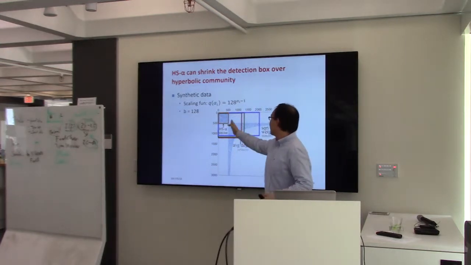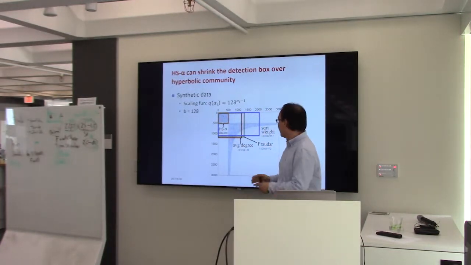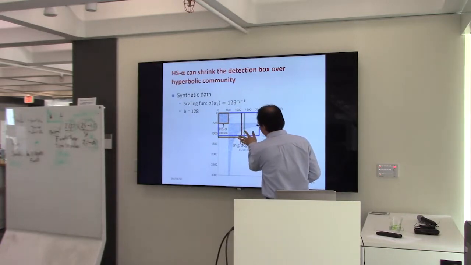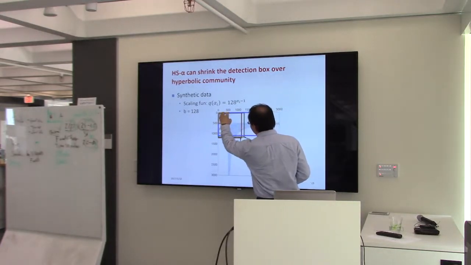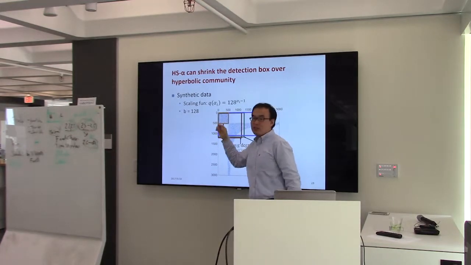Only for those objects do we give the punishment, and the other objects seldom receive punishment. So our algorithm can shrink the bounding box and accurately detect the suspicious block here.